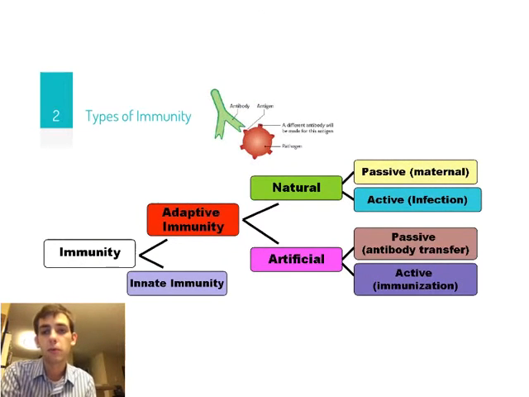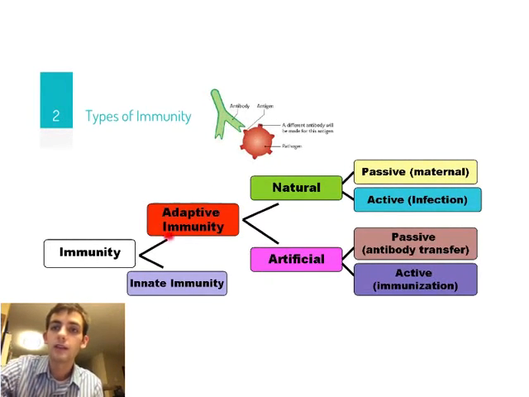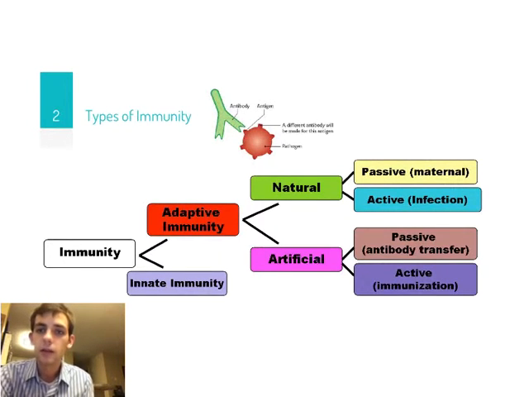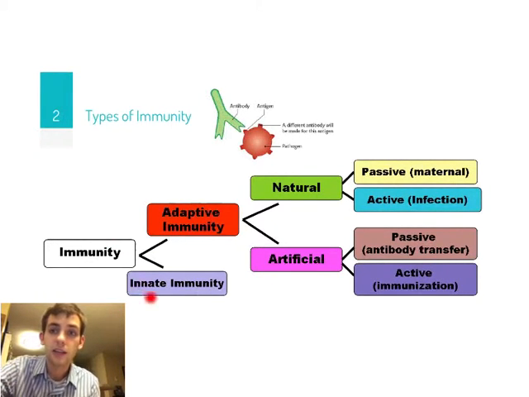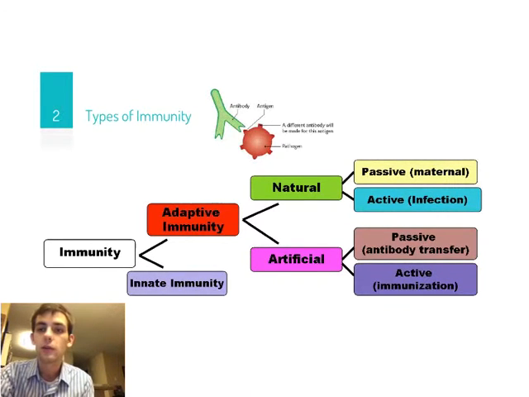So it's first going to be important to talk about the different types of immunity. And what I have here is a general flow chart to break down the different terms that we're going to be using. So the two main types of immunity that we discussed are innate immunity and adaptive immunity. Innate immunity is just what it sounds like. Like when we talked about innate behavior, this is immunity that you are born with.